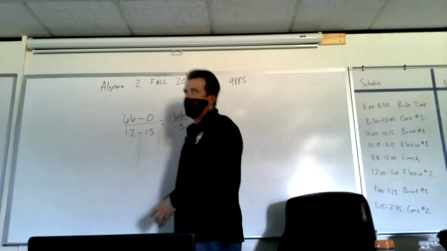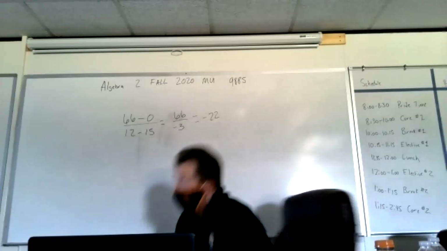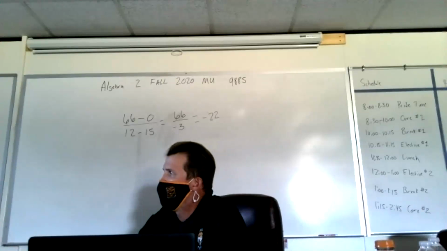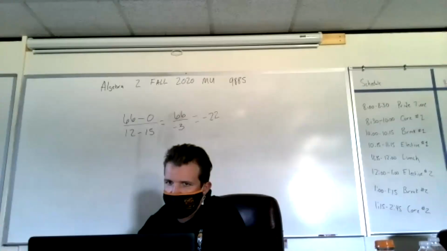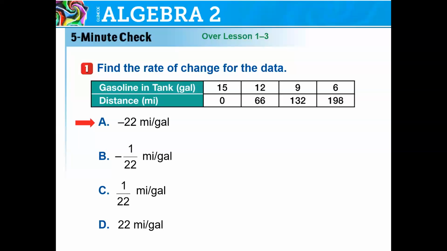Okay, so now we'd look, and we'd find that we get a -22 miles to the gallon. Which should correspond to answer A. So once again, average rate of change, always talking about the slope formula.